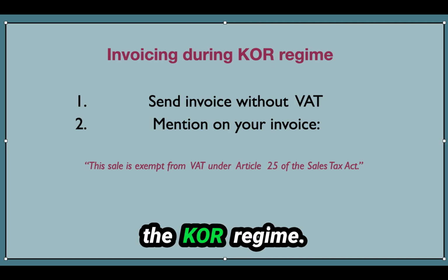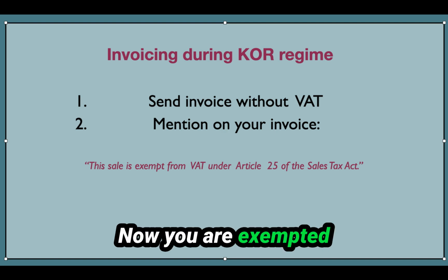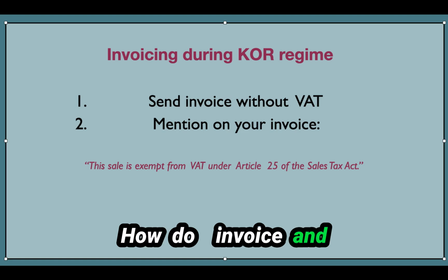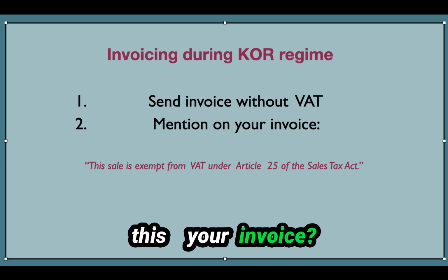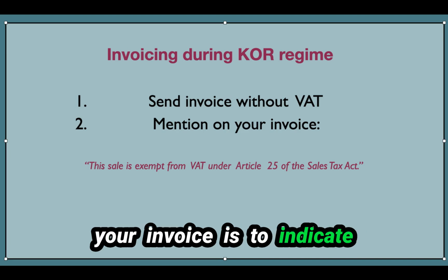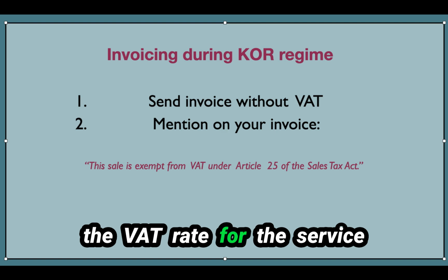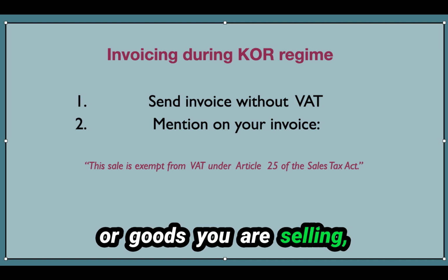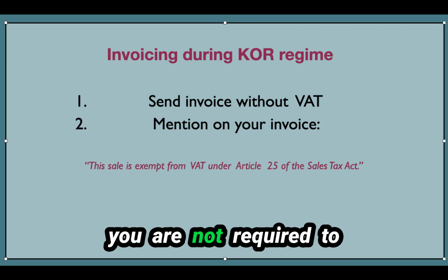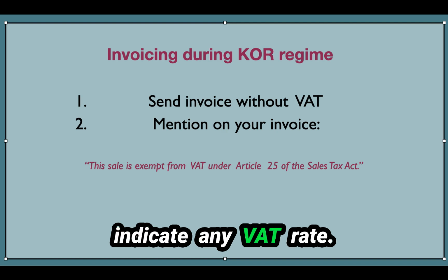Invoicing under the KOR regime. Now you are exempted from VAT returns. How do you invoice and how do you indicate this in your invoice? One of the requirements on your invoice is to indicate the VAT rate for the service or goods you are selling. But under the KOR regime, you are not required to indicate any VAT rate.